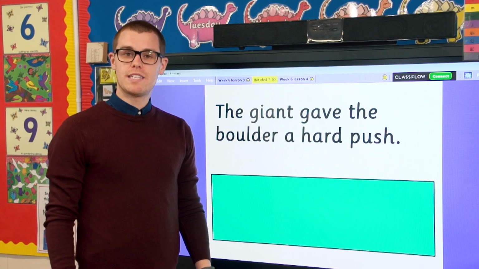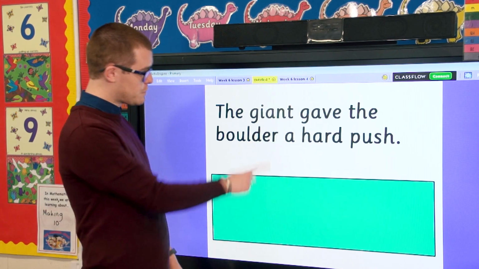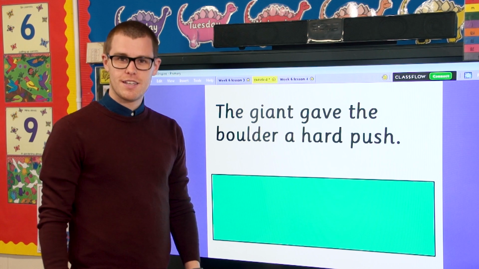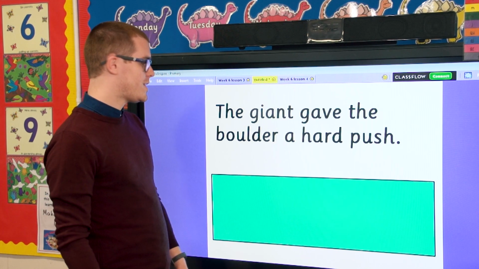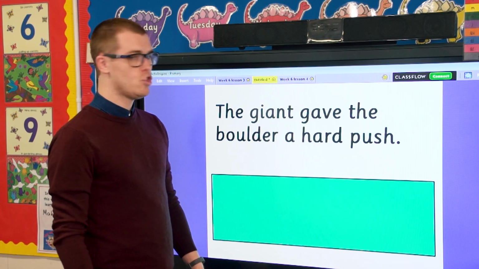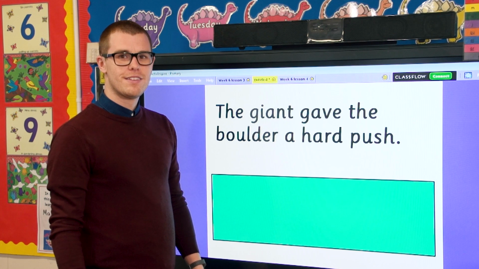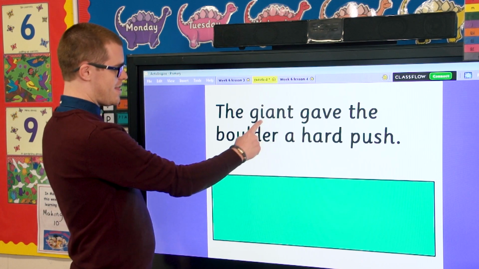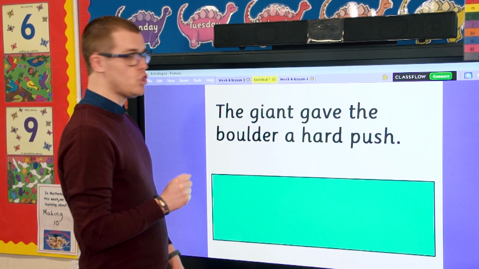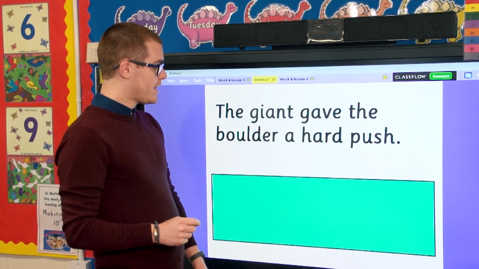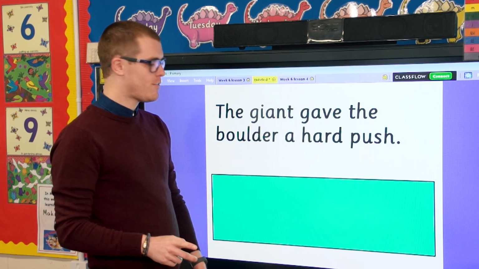Now it's time to read some sentences with our new grapheme in it. Here's my first sentence. Can you see a word with today's grapheme j? That's right. This word here has today's grapheme j. Can you see any words with digraphs?